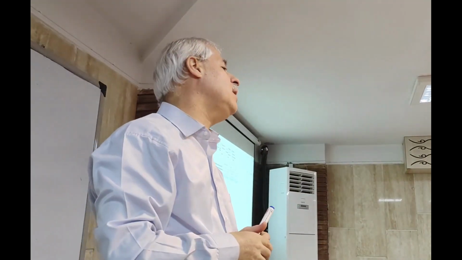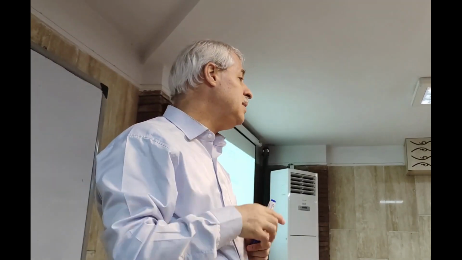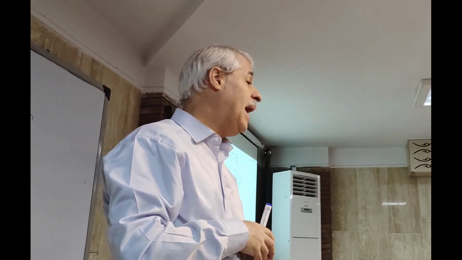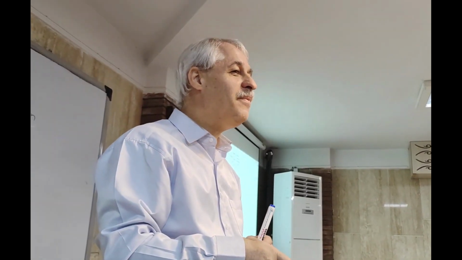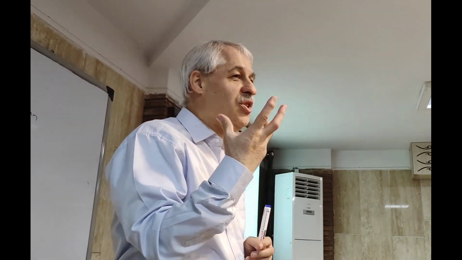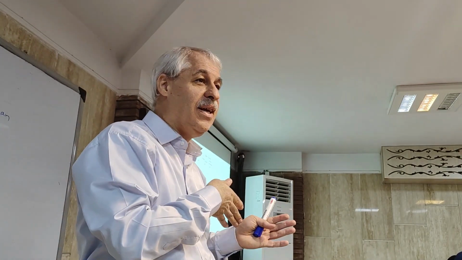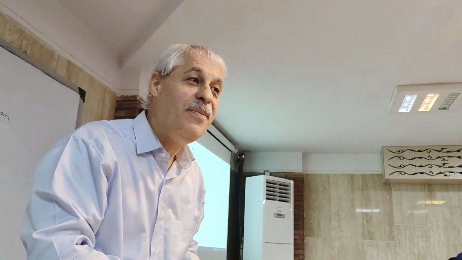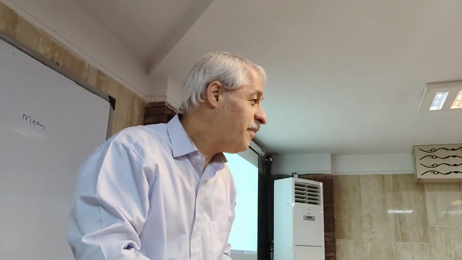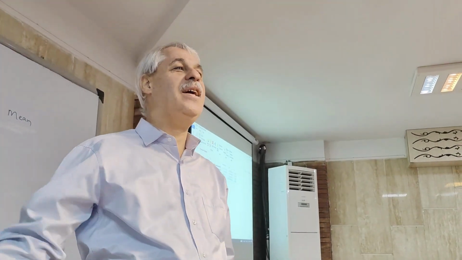How much would be the angle for this mean instantaneous vector at any given time? Sorry? How much is the angle of this instantaneous vector at any given time? 60. That's it.